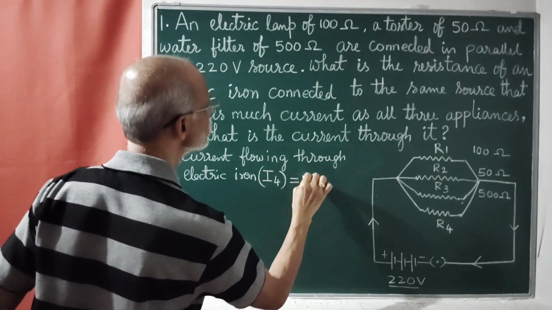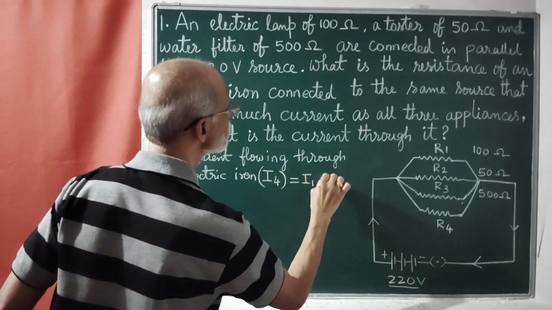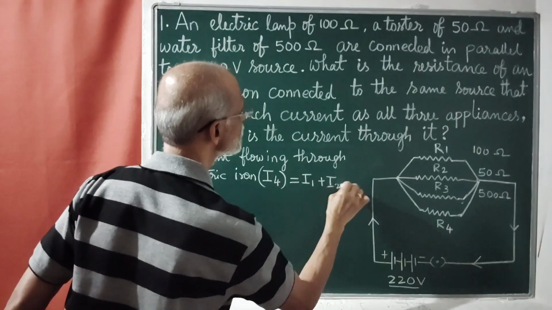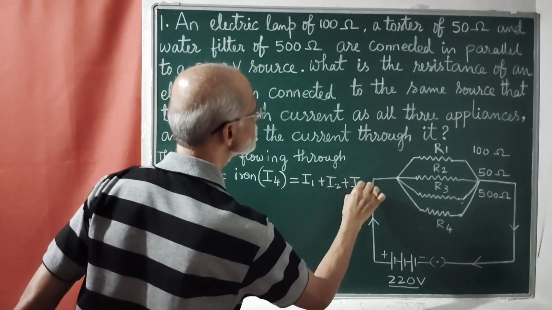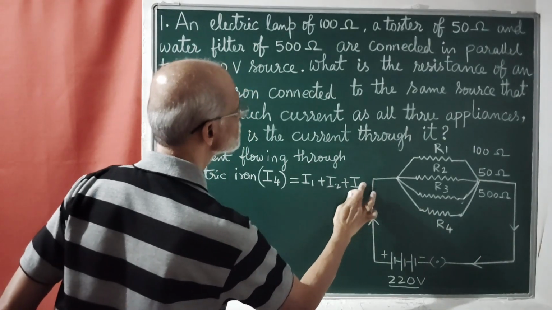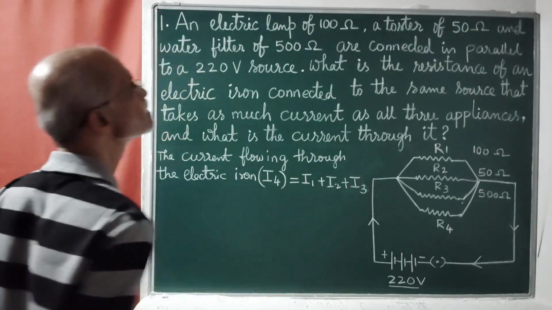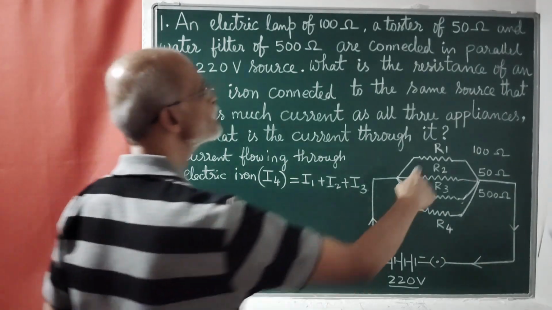I4 is equal to I1 plus I2 plus I3, because the electric iron takes up the current that all these three together take up.